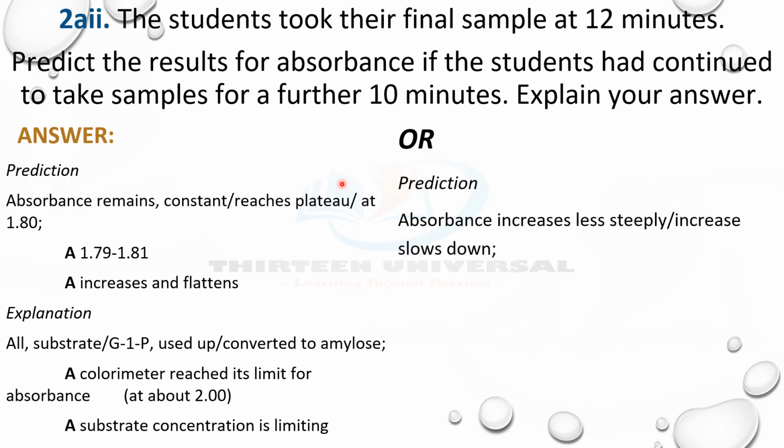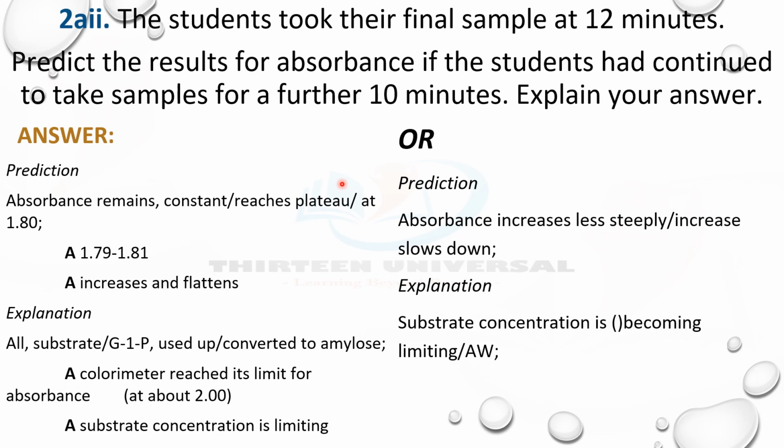Or another way to predict: absorbance increases less steeply, the increase slows down. That's going to happen. Explanation: substrate concentration is becoming the limiting factor. So you can go back and see the graph. When it continues to increase, the graph appears something like this.